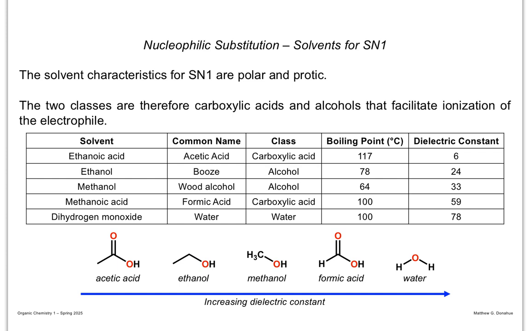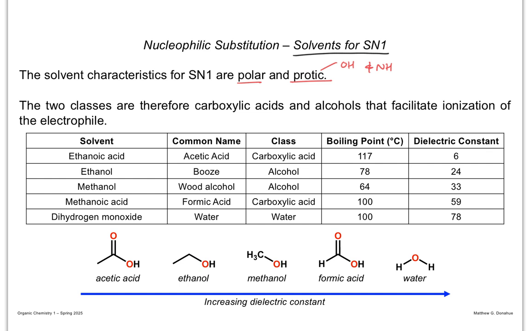So solvents for SN1 are polar and are now protic. So protic means, in general, OH functional groups and NH. For our purposes, really, we're just focused on the OH, which we know are alcohols and carboxylic acids.